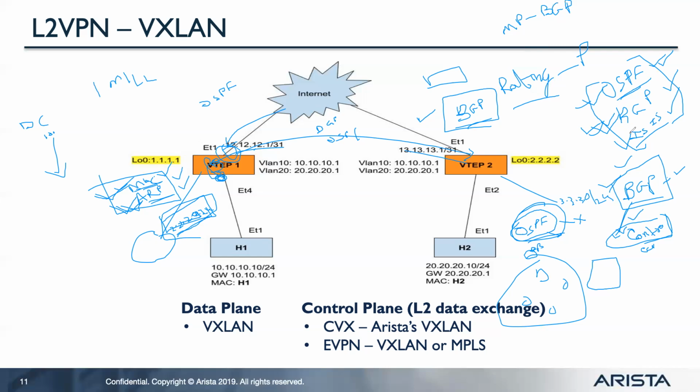OSPF and IS-IS also support exchange of other information to some extent, but what we see most of the time is MPBGP. The reason is what we discussed: route control and the way BGP handles churning and route exchange. By extending this with multi-protocol BGP, we can solve our purpose of L2 VPN, MAC and ARP and other information.